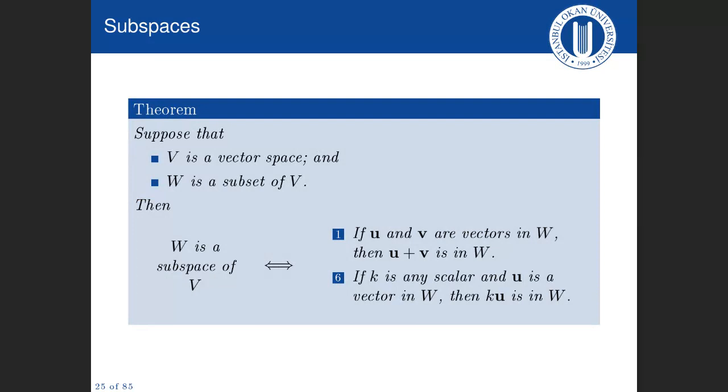Suppose that V is a vector space and suppose that W is a subspace of V. Then W is a subspace of V if and only if axioms 1 and 6 are satisfied.